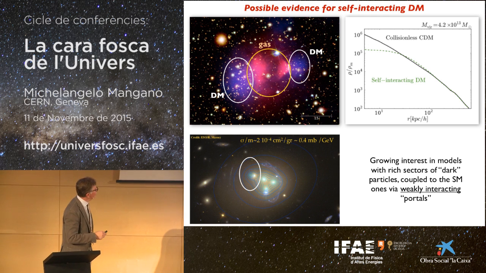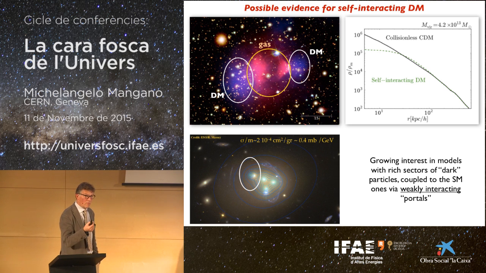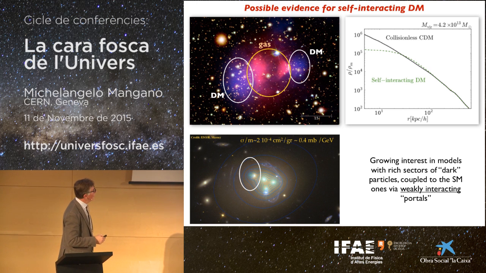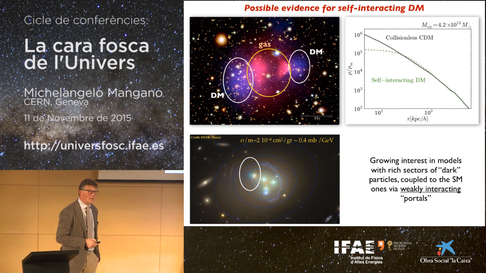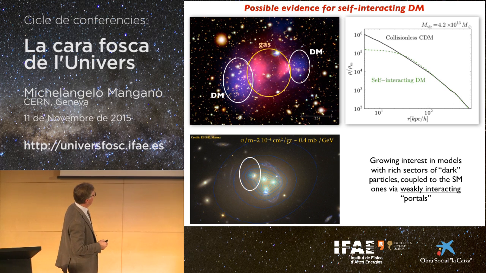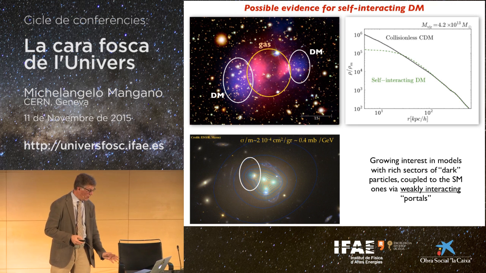As you see here, there is a mismatch between the position of the galaxy, the visible matter, and this blue contour that gives the higher density of dark matter. If one tries to interpret this separation, one finds that indeed this can only be accounted for if there is some self-interaction in dark matter. So this is an open issue.